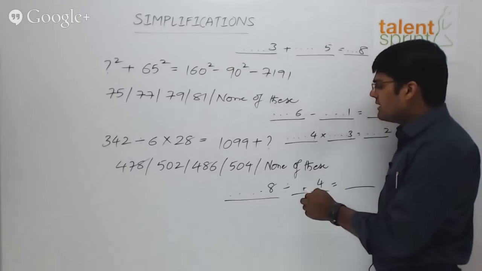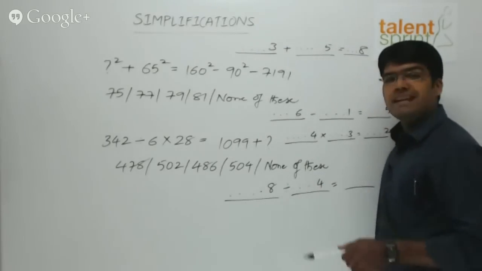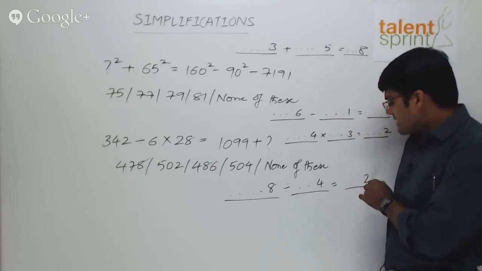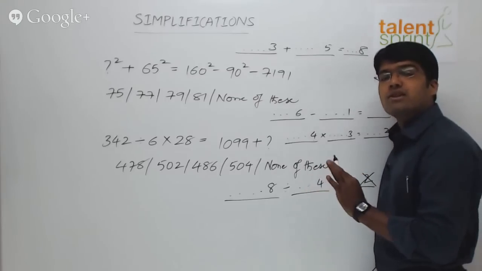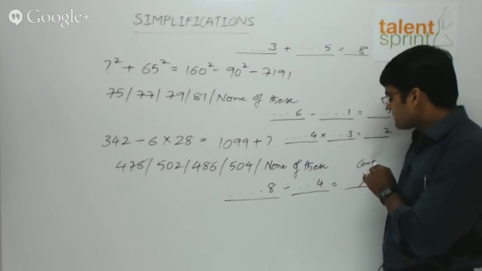There's, let's say, some 2 digit number or 3 digit number which ends in 4. And dividing these two values, what will the answer end in? What is 8 by 4? 8 by 4 is 2. So can you say the answer ends in 2? No. Remember, this units place method does not work for divisions. It works for multiplication, additions, and subtractions, but not for divisions. Here, it cannot be determined.